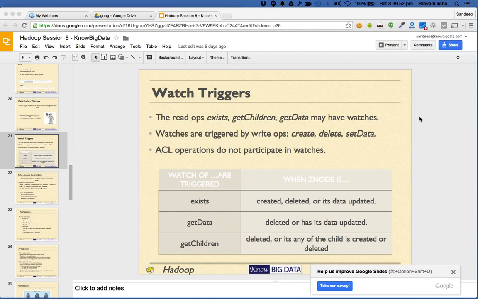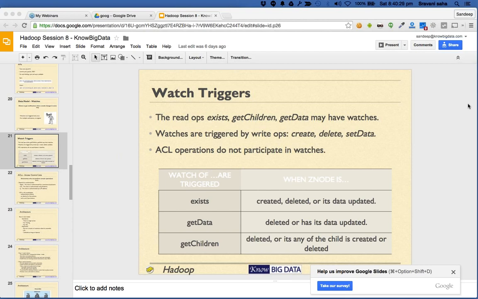Whenever you execute a command such as exists, get data, or get children, you can specify a watch trigger. With exists, you can ask to be notified when the node gets created, deleted, or its data gets updated.